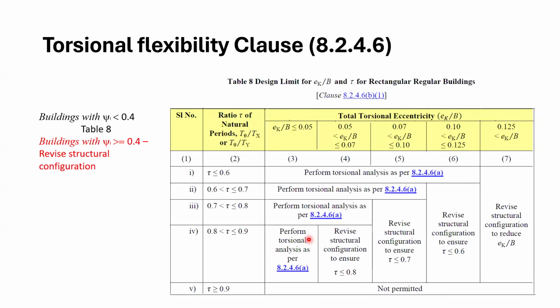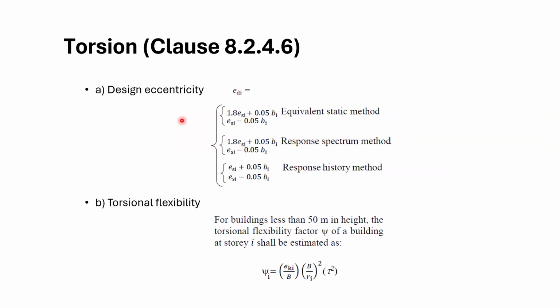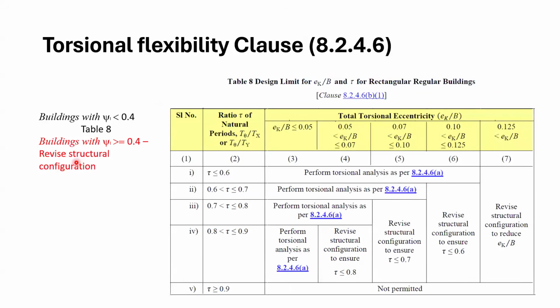If psi is less than 0.4, you can perform the analysis with the design eccentricity specified here. If it is greater than 0.4, revise the structural configuration.